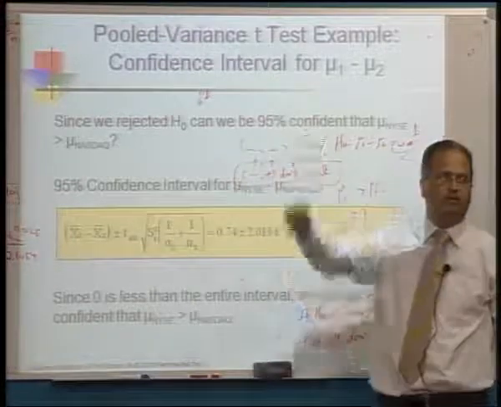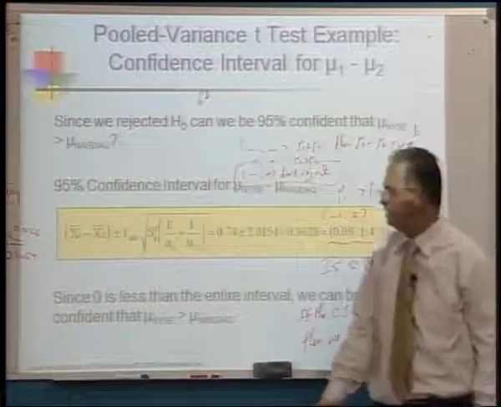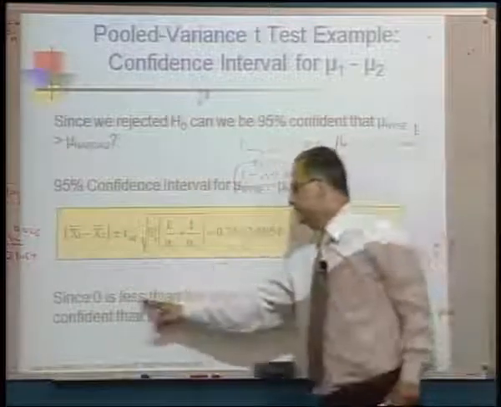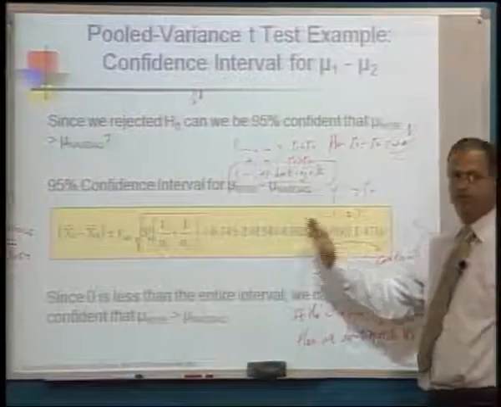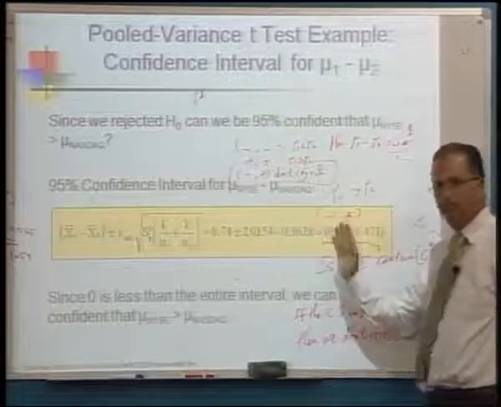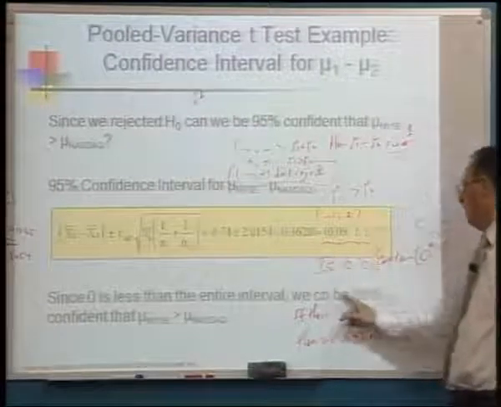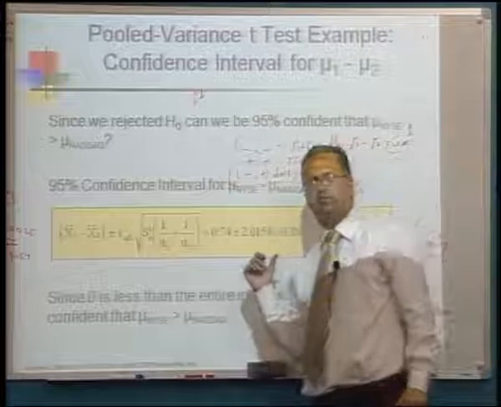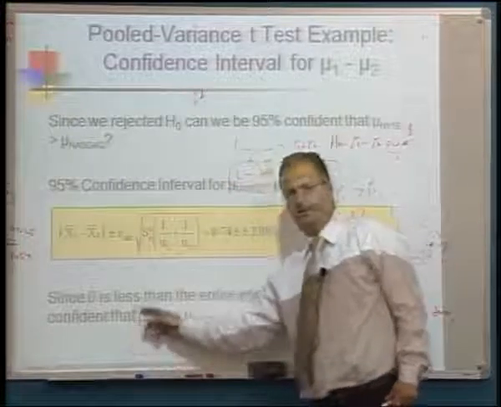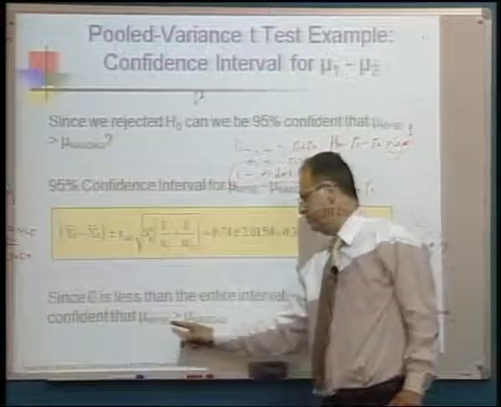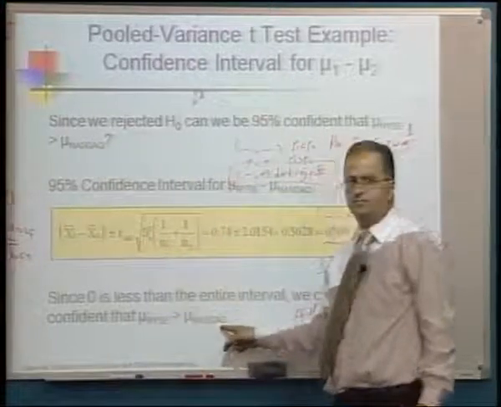Otherwise, you reject the null hypothesis. So in this case, 0 is outside the entire interval. We can be 95% confident that the mean of the New York Stock Exchange is greater than the mean of Nasdaq.